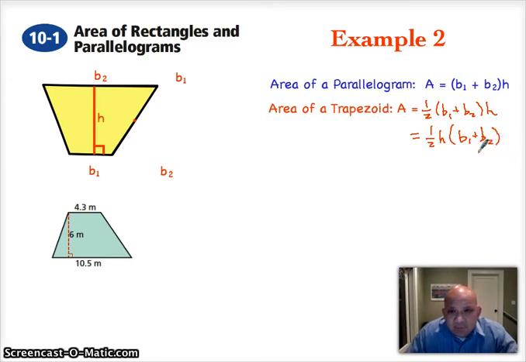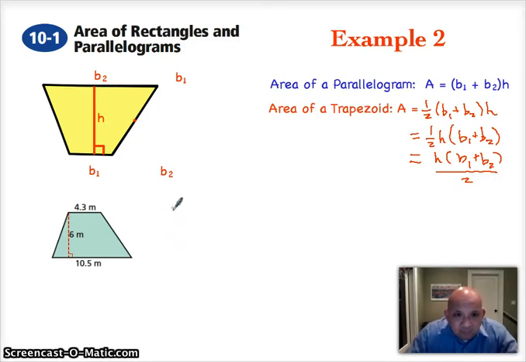Now that looks pretty complicated, but essentially we're taking half the area of a parallelogram. Once again, that half shows up. Another way to say it is height times base 1 plus base 2 over 2. Instead of multiplying by 1/2, we can divide by 2. Same thing.